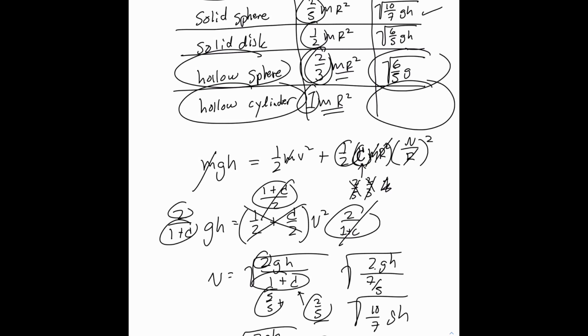This is the 6/5 GH, right? We did the hollow sphere and the solid sphere, my bad. So let's erase this, say that is in question. Okay, so I should have used 1/2 as the C. What a mess. Do-overs.